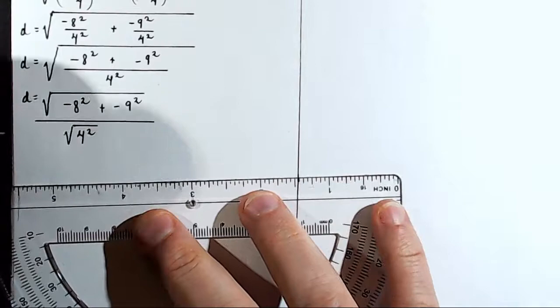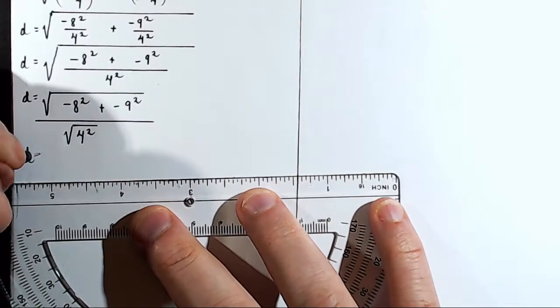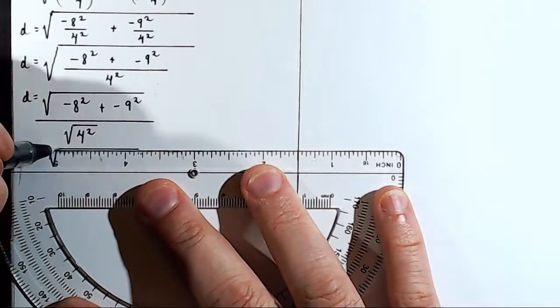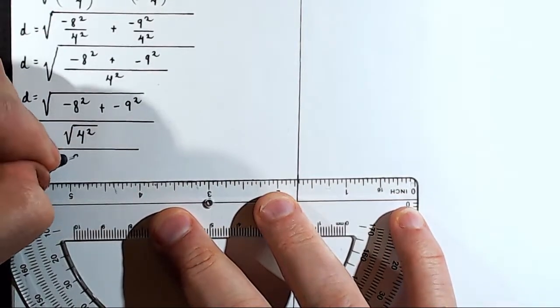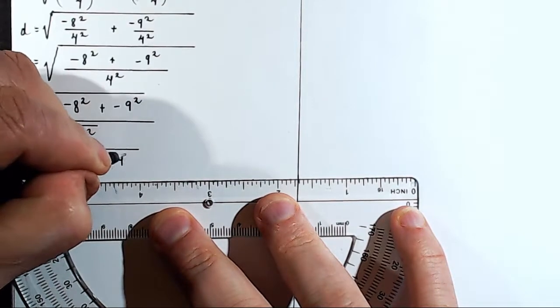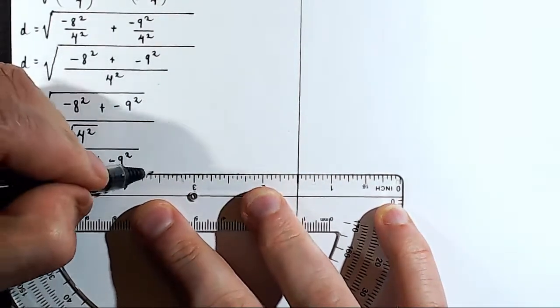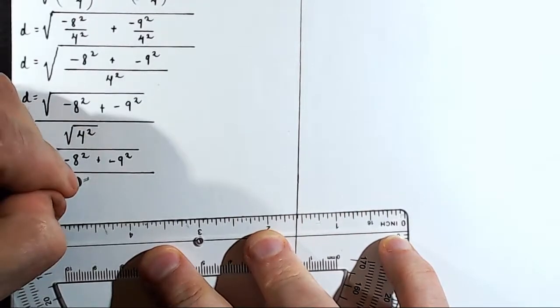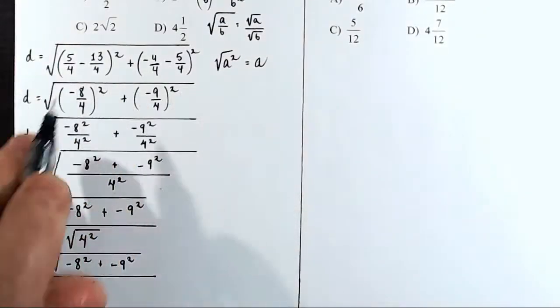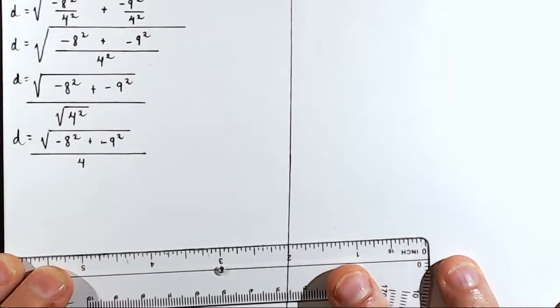Now I'll rewrite this: D equals the square root of negative 8 squared plus negative 9 squared, all over 4. So you see we're simplifying it. We've gone from this mess right here down to this. It's more manageable.